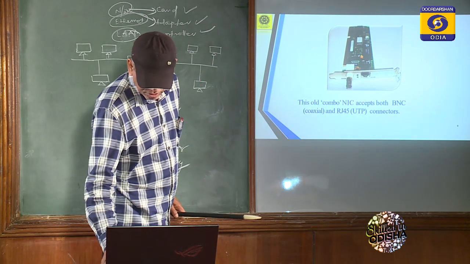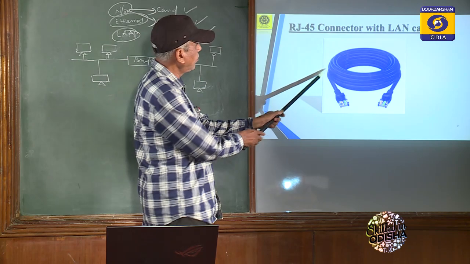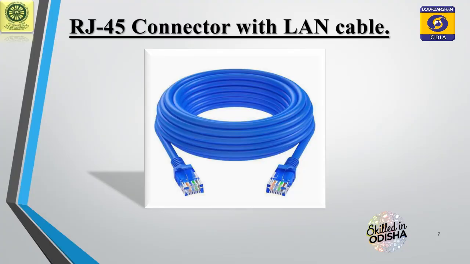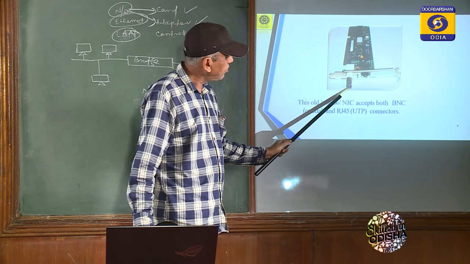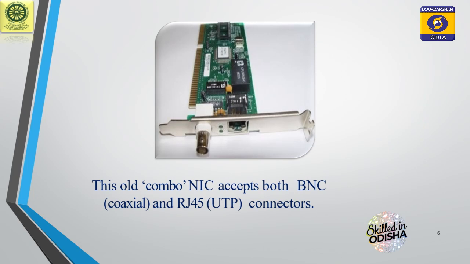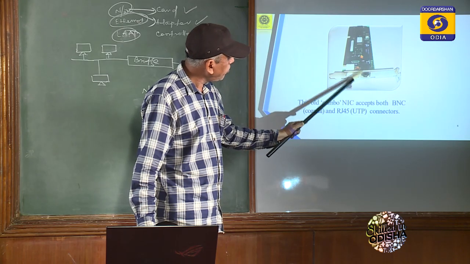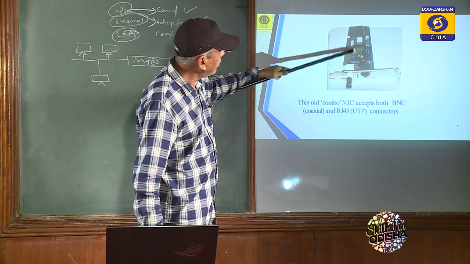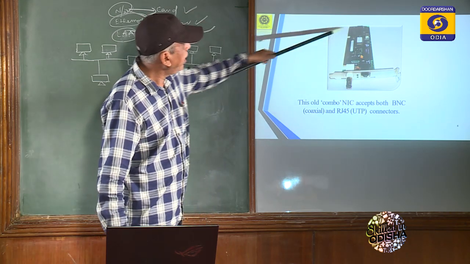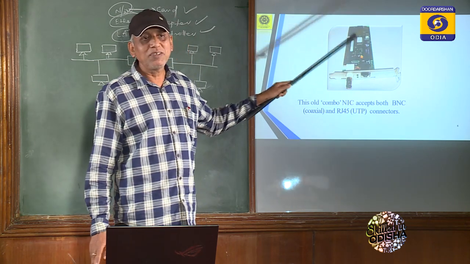This is your LAN cable, with an RJ45 connector. This RJ45 connector is embedded with this circuit board. Then we combine them as the NIC, the network interfacing device.